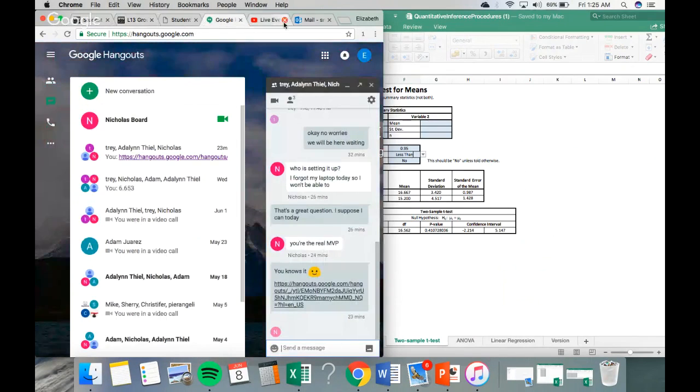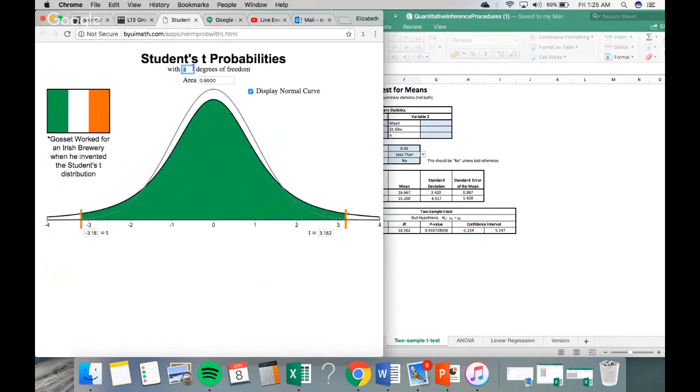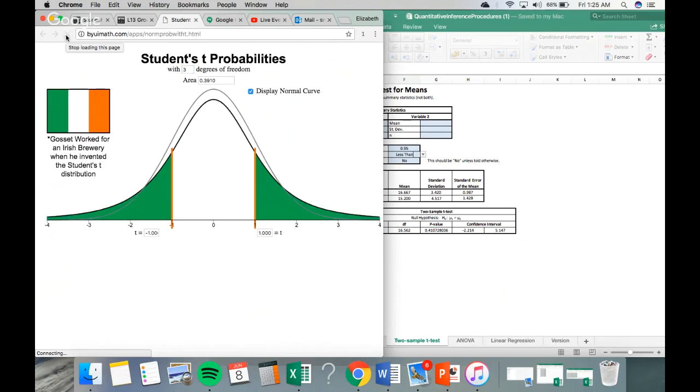Because when I plugged 16.562 into this area, did it accept it? No. Oh, shoot, no, it did. Wait, did it really work? I don't trust it.